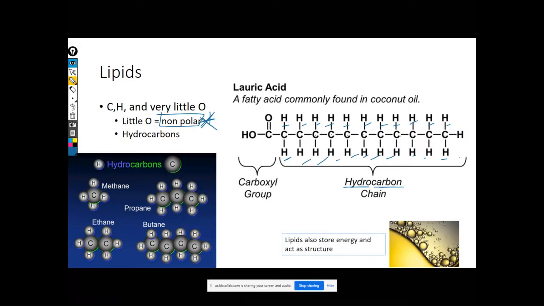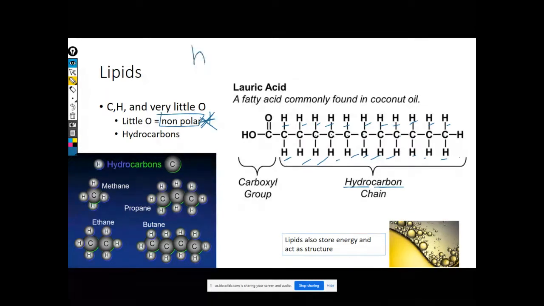It divides, it doesn't mix. It sits on top, right? You can put it in a cup, shake it up really hard. It may float down through, but it's going to come right back to the top. Lipids do not play well with water. And this is because there's no oxygen in there, so they're not going to mix.